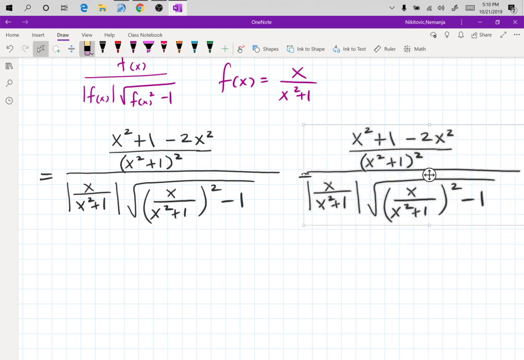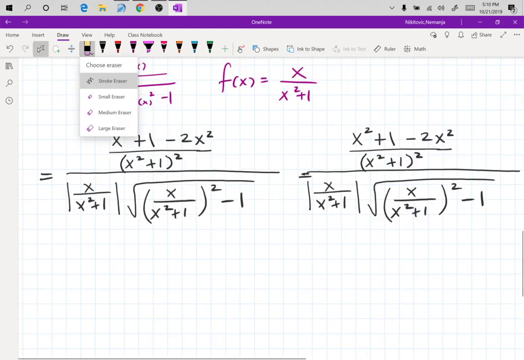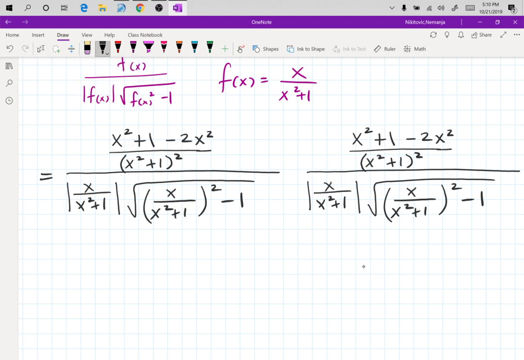Put that there. And fix the top. There we go. So that's 1 minus x squared.